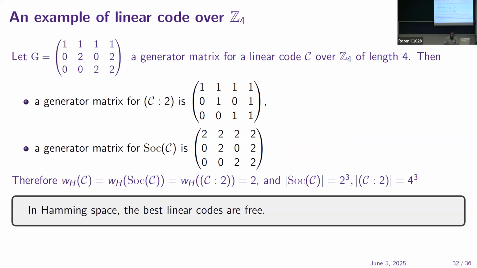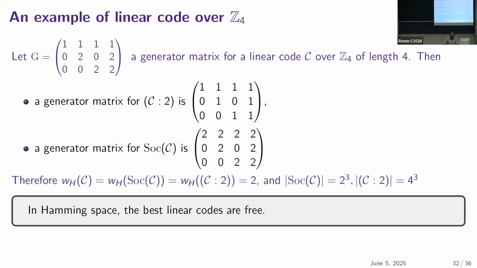In this example, we divide the non-free rows by 2. Z4, the generator of the maximal ideal is 2. We divide and obtain 1, 1, 1, 1, 0, 1, here 1, 1, 1. This code is free.